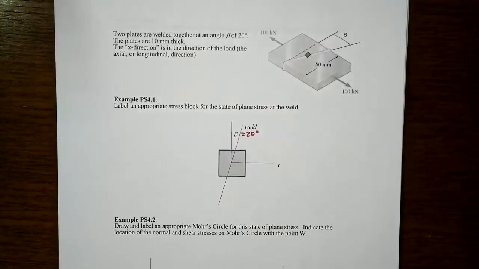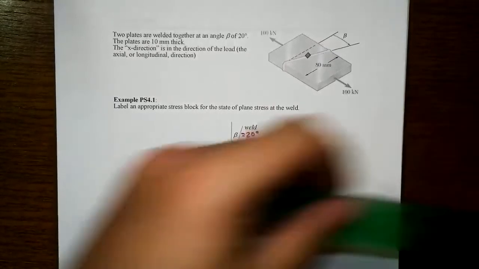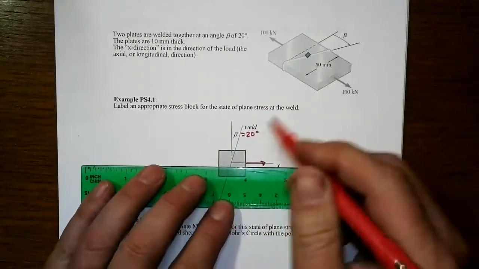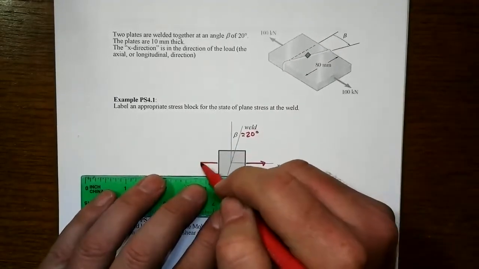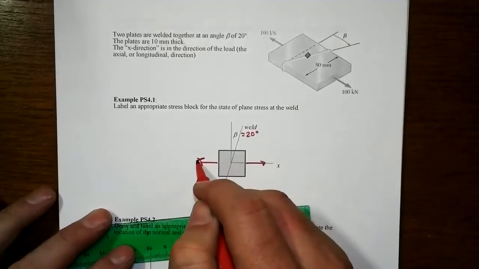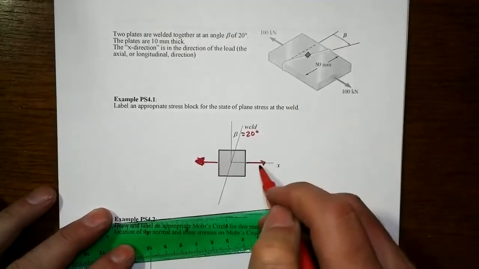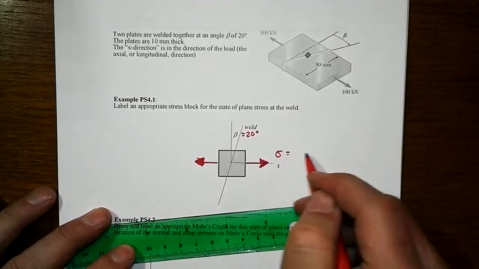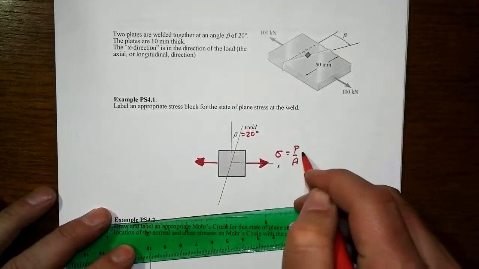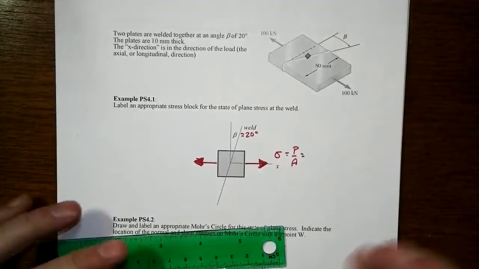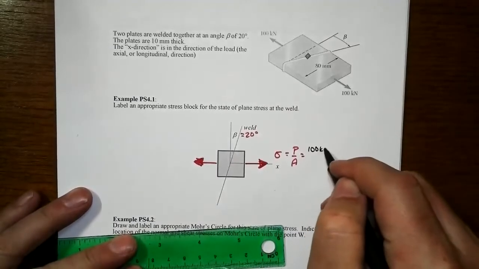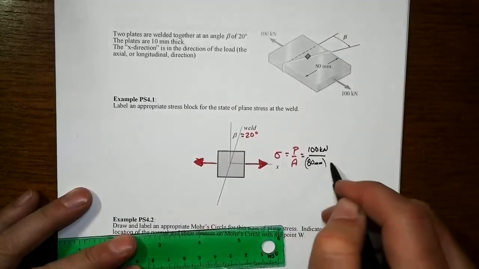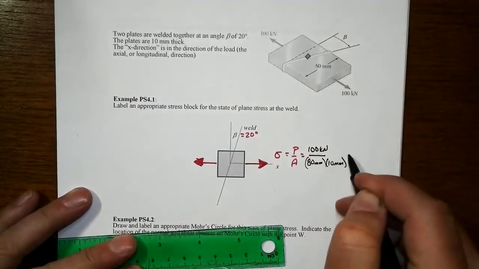Being a uniaxial loaded situation, all we're looking for is the axial stress that puts this thing into pure tension. Sigma is just P over A, so 100 kilonewtons divided by 80 millimeters times 10 millimeters.